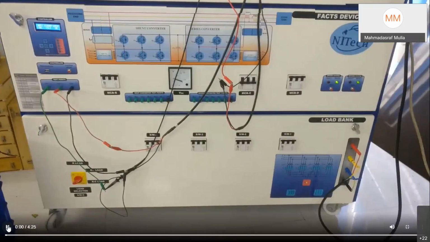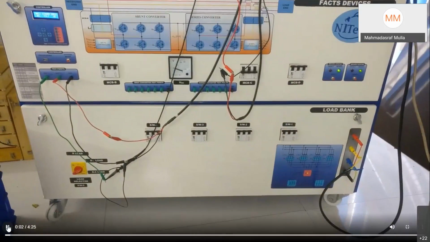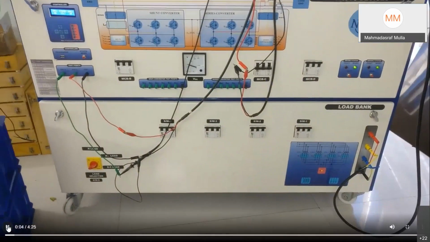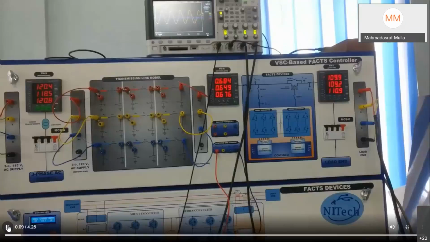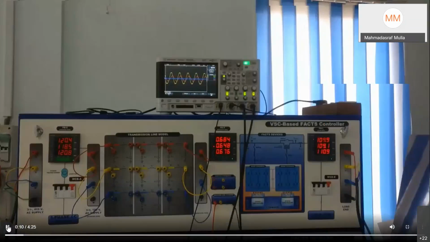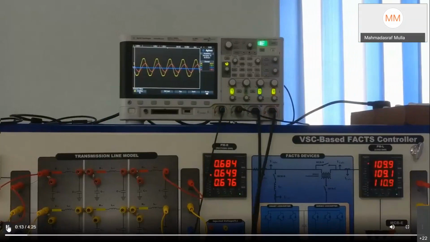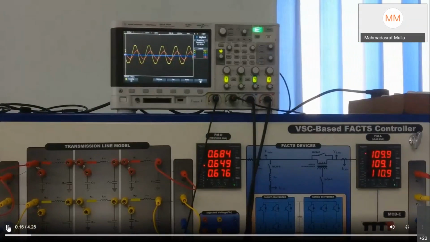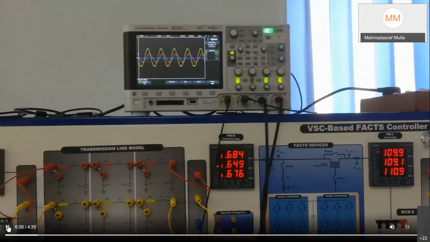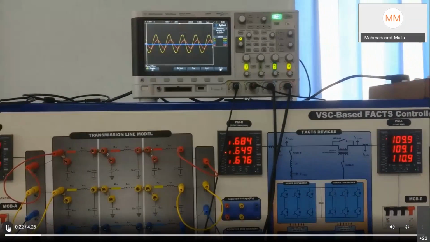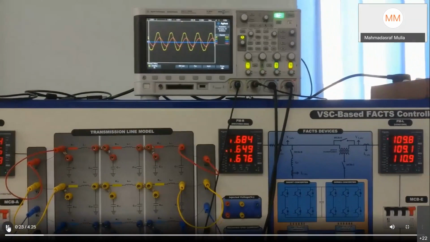You can see the load right now. I have connected the full quantity of load, and the type of load is RL load. As you can see, the pink waveform over here is my receiving end current, and yellow is my voltage. So right now you can see my current is lagging with respect to my voltage.